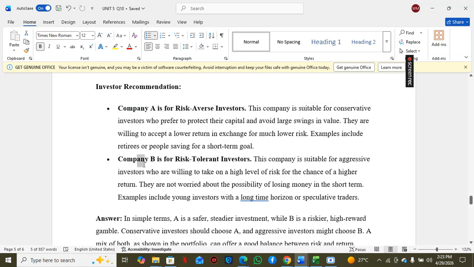But company B is for risk tolerant investors, those who want to make profits, because in the investing world, if you want to make more profits, you have to incur a lot of risk. So someone who is risk tolerant is someone who's looking for higher profits. Any questions, madam?